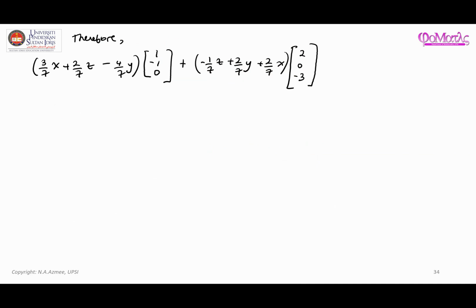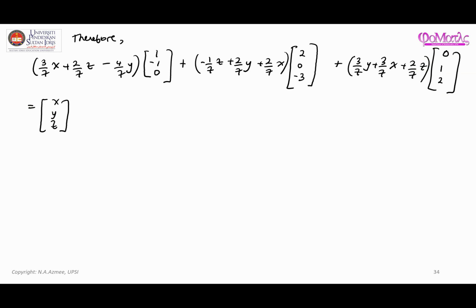and plus 3 over 7y plus 3 over 7x plus 2 over 7z, and the third vector is 0, 1, and 2, and the result here is equal to x, y, and z.